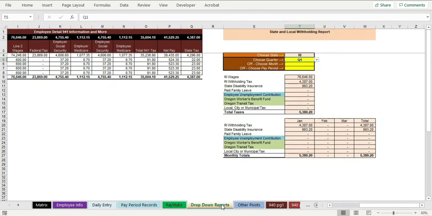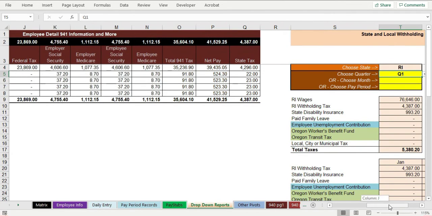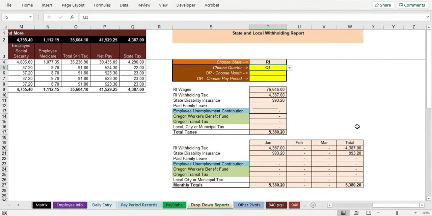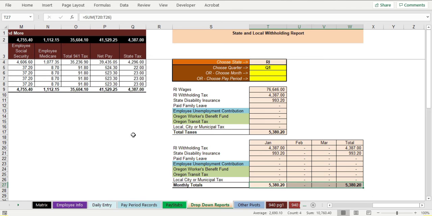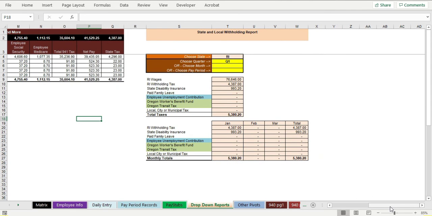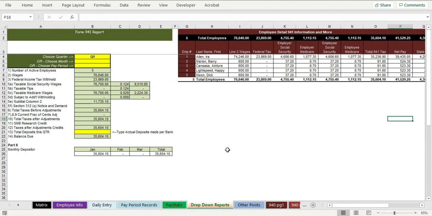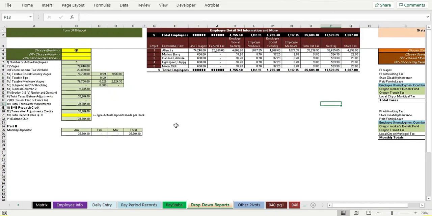So other reports here, you choose Rhode Island, you've got your reports over here for your quarter and week and month. You can change all these and look at different periods of time. But yeah, it looks like it's working right. You got the Rhode Island tax and you have the SDI tax, and it does break it down, so that should work. All right, Rhode Island, under 6 minutes. They're under 6% tax in that state, so it's a good thing we got done in under 6 minutes here.